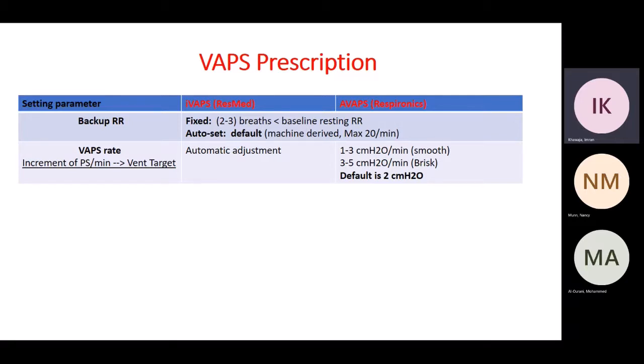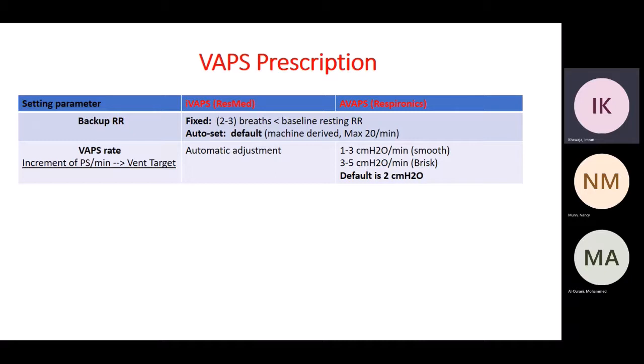Because when you start applying the AVAPS machine, especially in the acute setting, this is important: don't think that the machine will switch from a pressure support of 5 to 15 in a few seconds. It will take time to get there, and that depends on what you dial in the machine in your settings. The default is 2 centimeters water per minute.